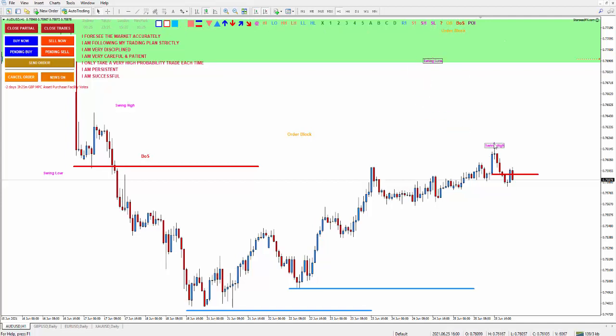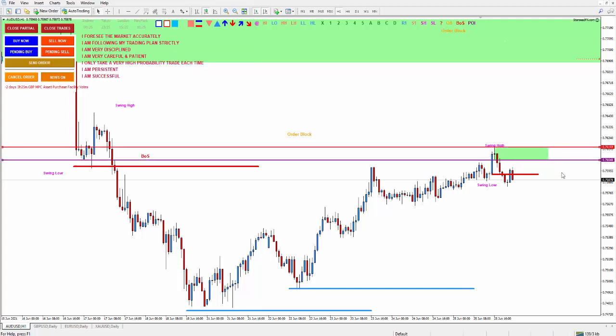This is the swing high, and this is the swing low, and this is my order block, the last bullish candle before the breakout happened. This one has not been hit, so there is a possibility if the price comes back here, I can sell. So you have two options: either you snipe from here, or you just put a pending order. But I haven't done anything here.